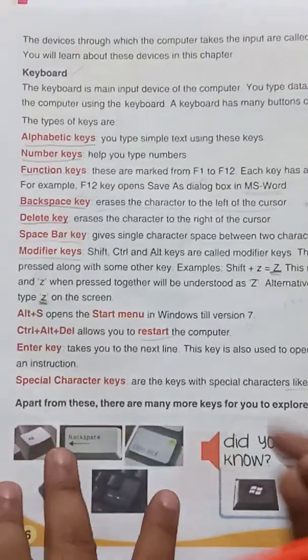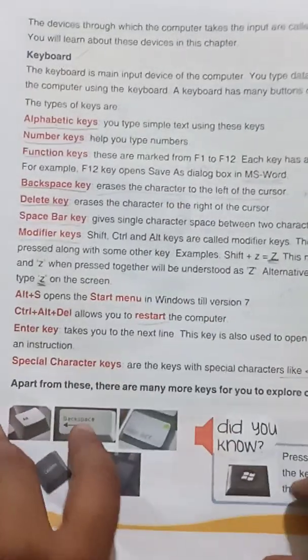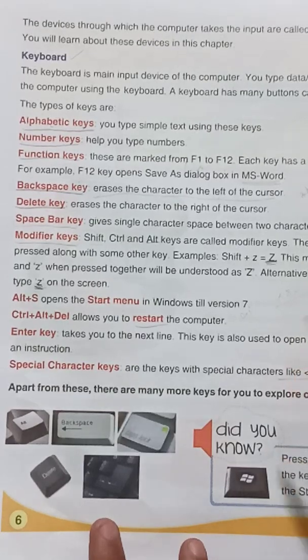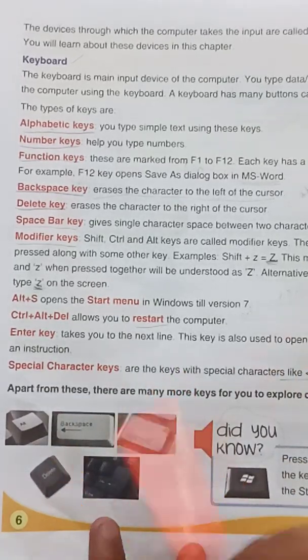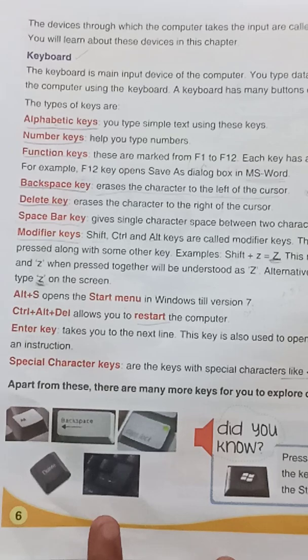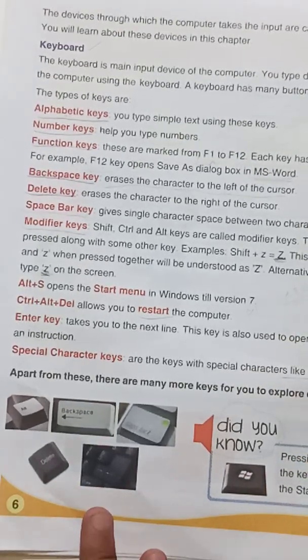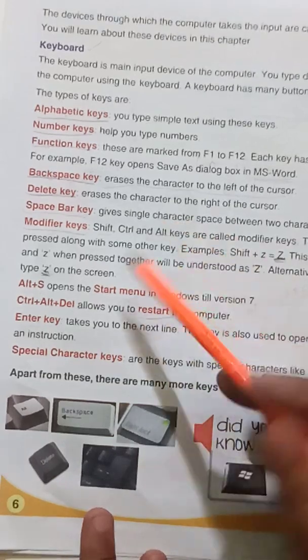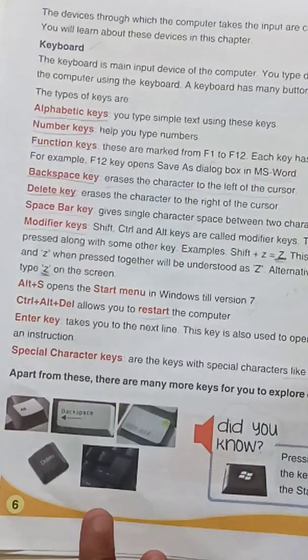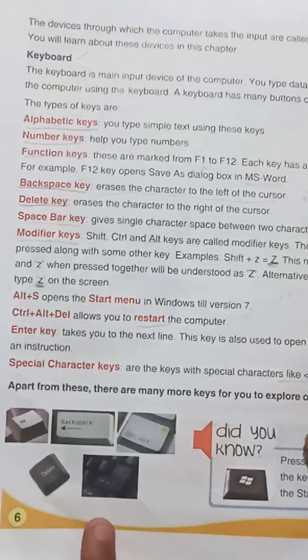Already I have discussed this part. There are several keys on the keyboard. You all might have seen the keyboard, so you will be knowing about this. What are the types of the keys that we see on the keyboard?